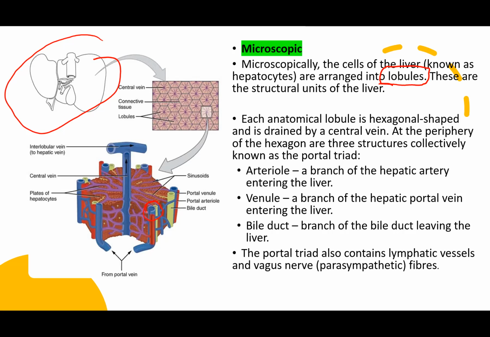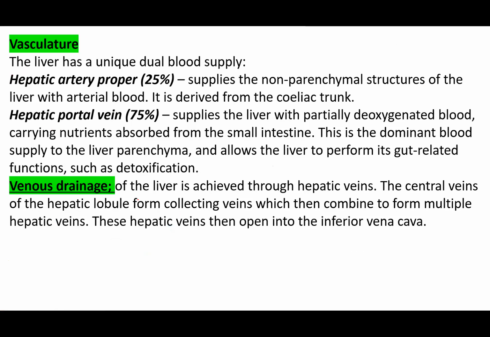And you should know these are the structures that pass through the porta hepatis. The portal triad also contains lymphatic vessels and vagus nerve parasympathetic fibers. Now let's see the vasculature of the liver.